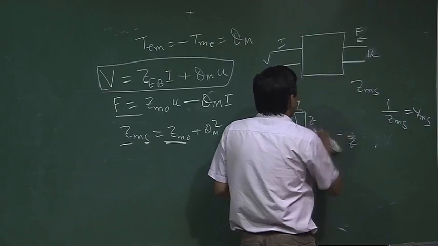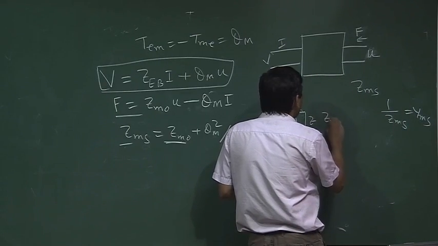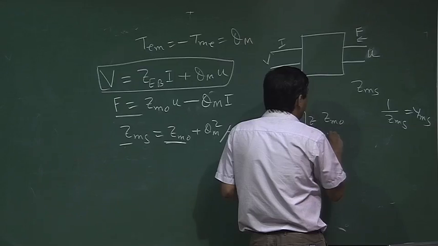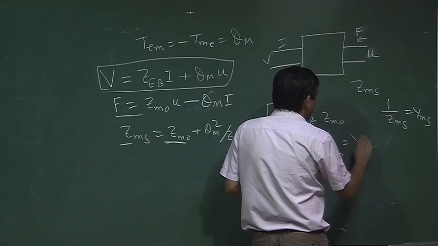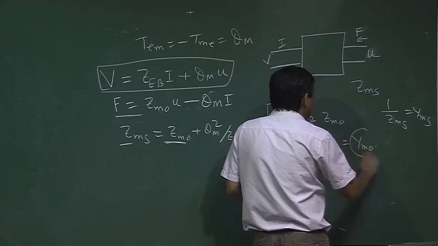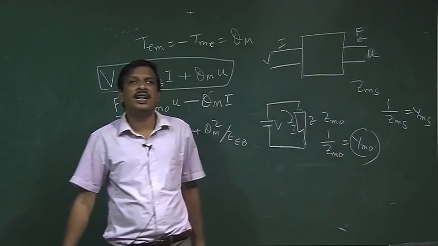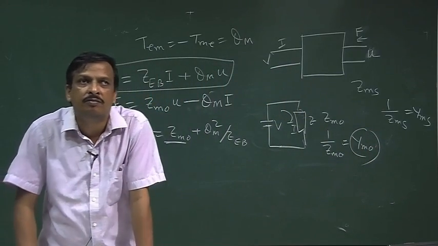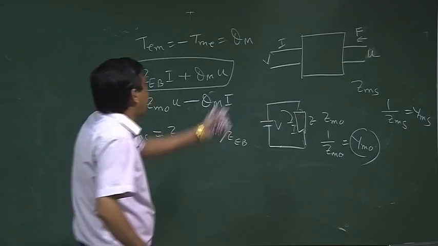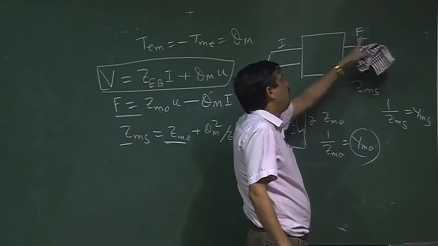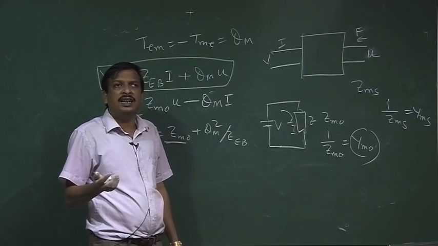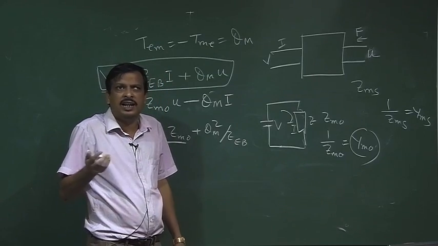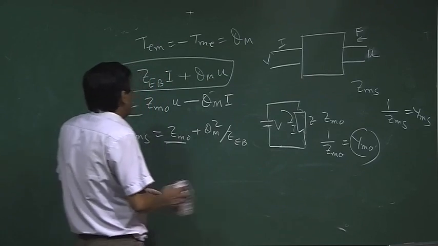Similarly, I can write 1 by ZMO is equal to YMO, which is the open circuit mechanical admittance. I change the notation F to U and U to F. Now it will come in mechanical admittance. So, what will be the equation?